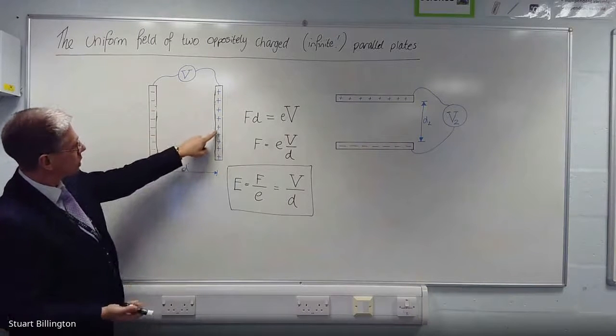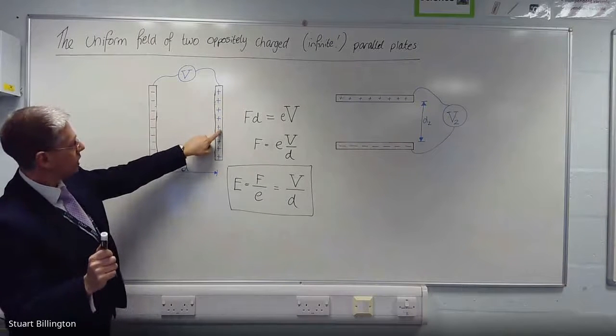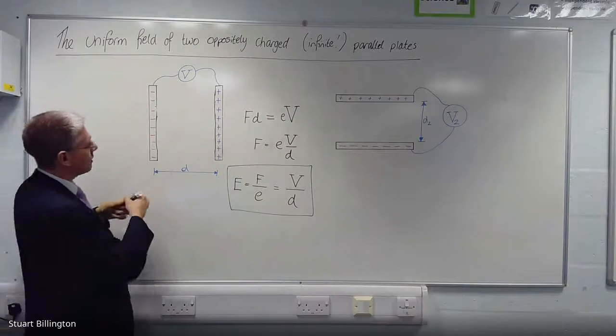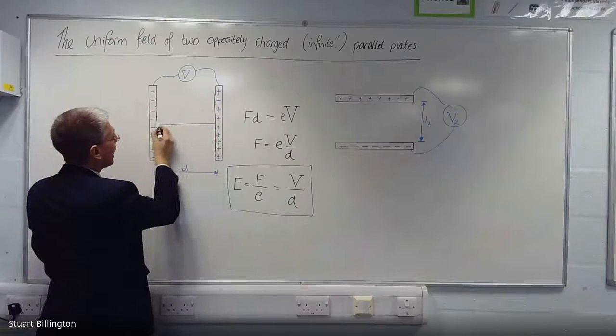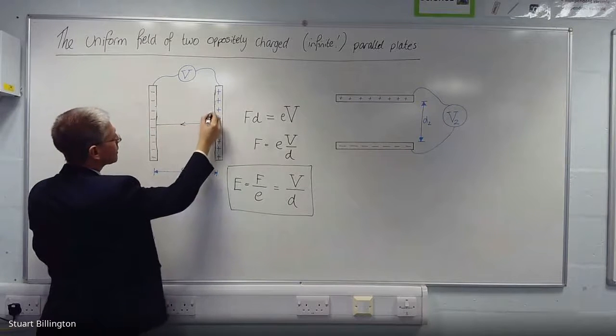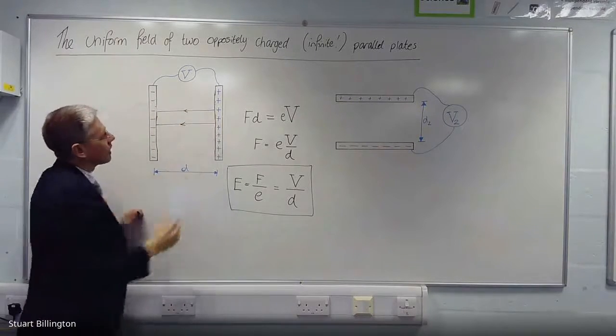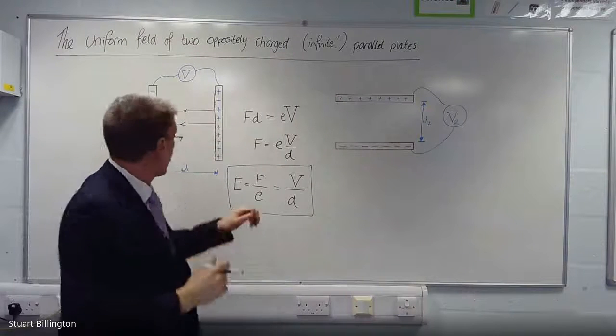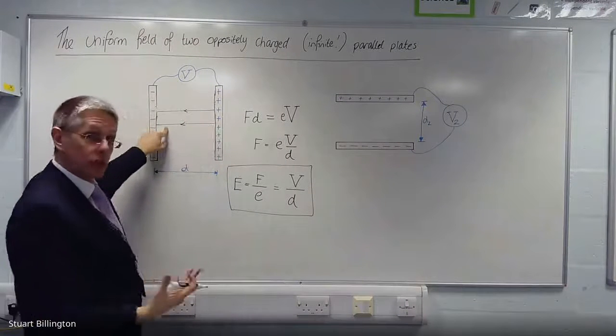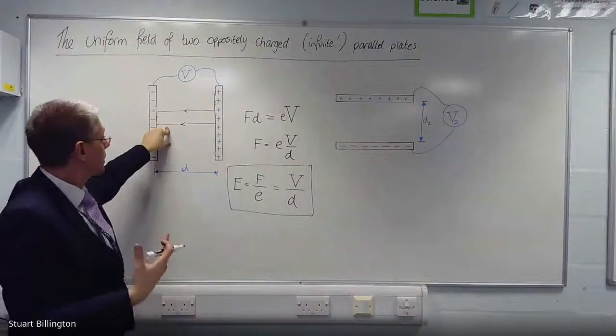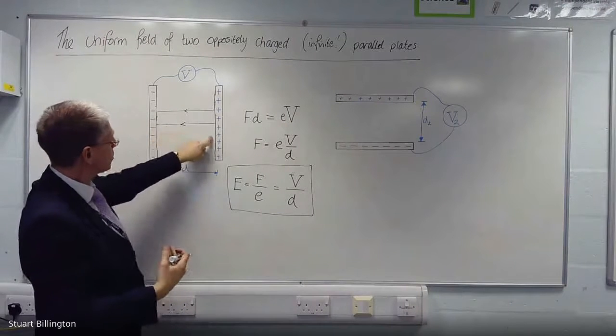So a positive charge, not an electron now, a positive charge would move from positive to negative. So we can draw in arrows like this, and those directions do not change, because we said that it was just a constant force from one side to the other.